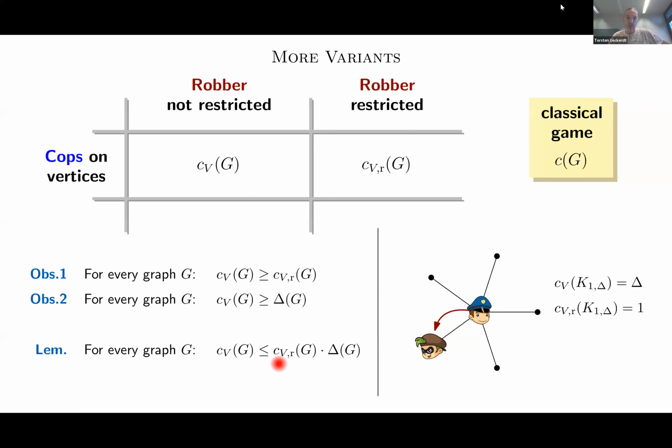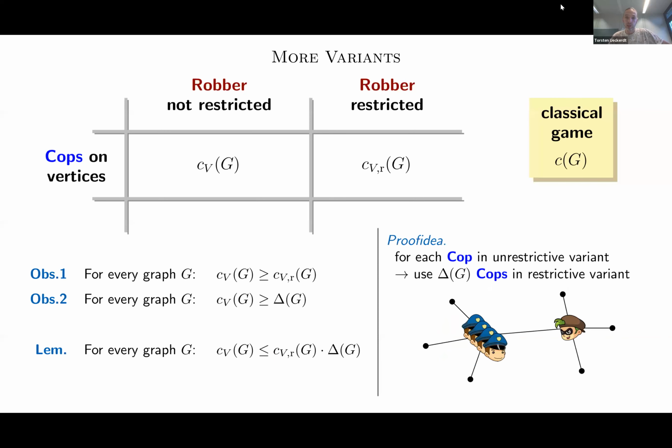The number of cops that we have is delta times the number of cops in an optimal strategy in the restricted game. So our idea is we mimic this given optimal strategy from the restricted game by saying, for each cop in this strategy, just use a bunch of delta cops that all mimic this 1 cop. They all stay together as a bunch on 1 vertex and move together across the graph.